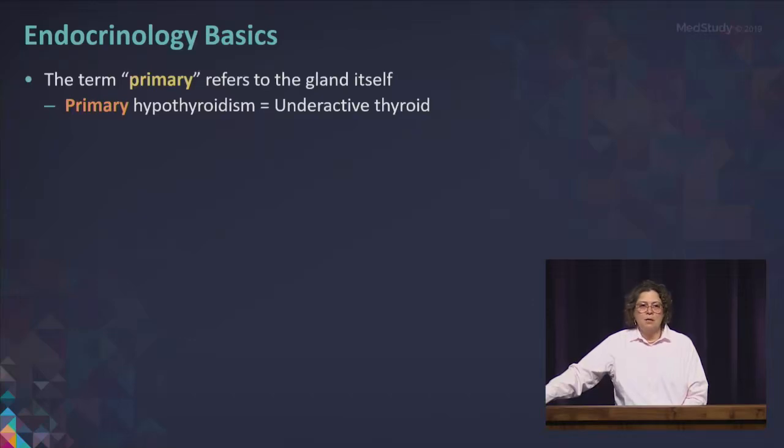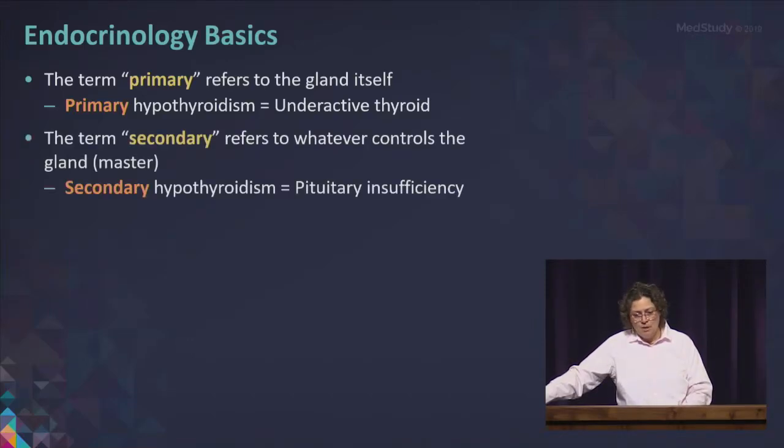Other basics. The term primary generally refers to the gland itself. Primary hypothyroidism, primary adrenal insufficiency, primary hypogonadism is at the level of the testes or the ovaries. Secondary refers to the gland that's controlling it, the master gland. So generally pituitary disease will cause secondary hypothyroidism, secondary adrenal insufficiency, secondary hypogonadism.